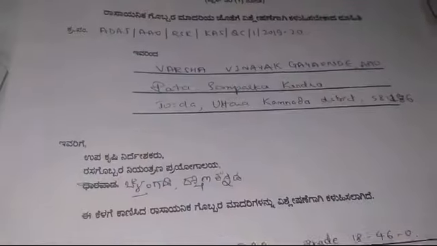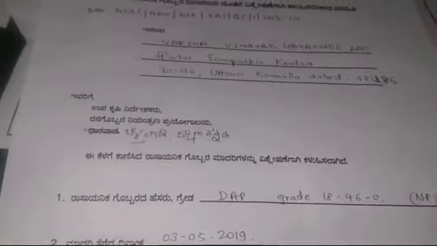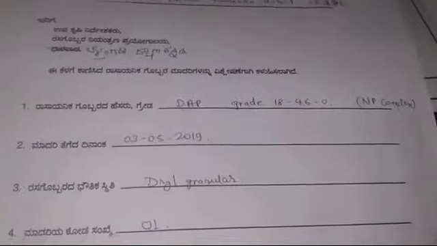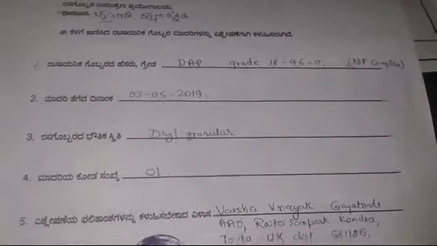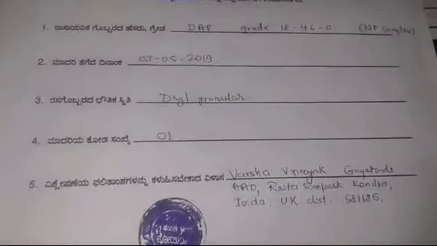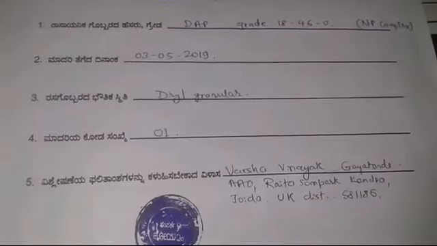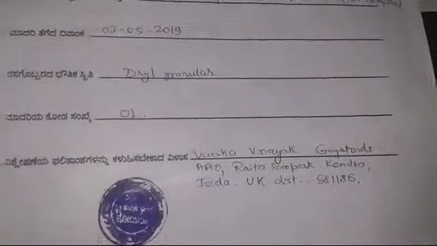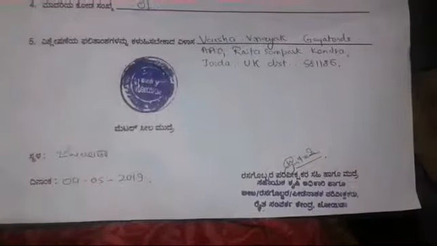The other information furnished in form K is the address where you should send, then the fertilizer name and grade, date of sampling, the physical condition, code number and the address of the person who has drawn the sample.